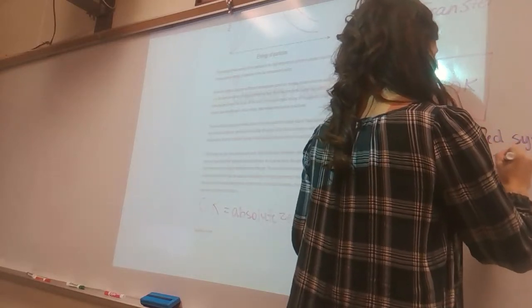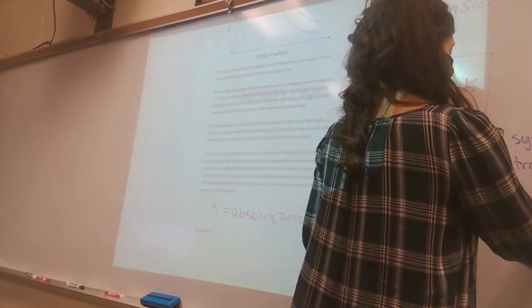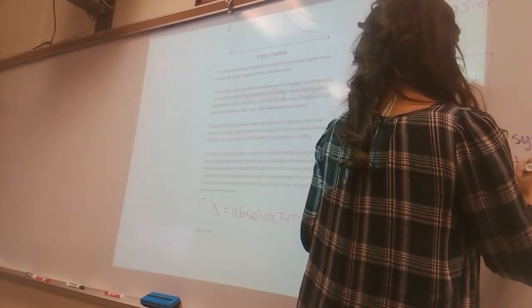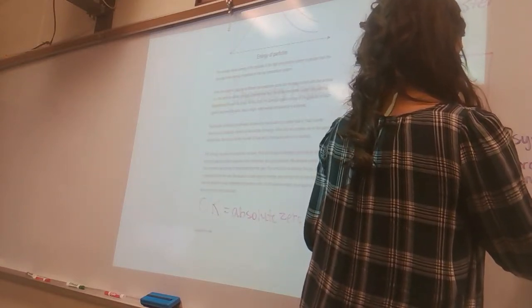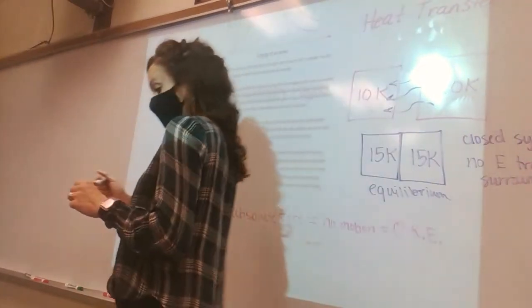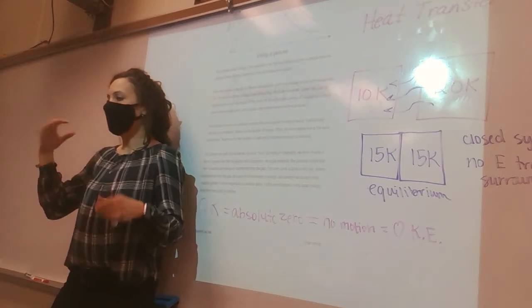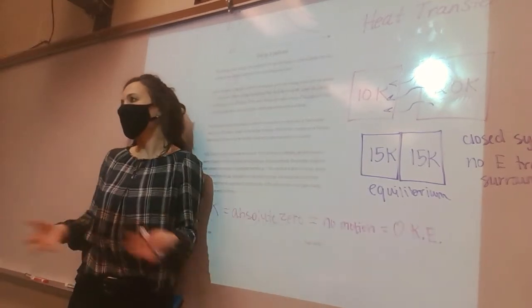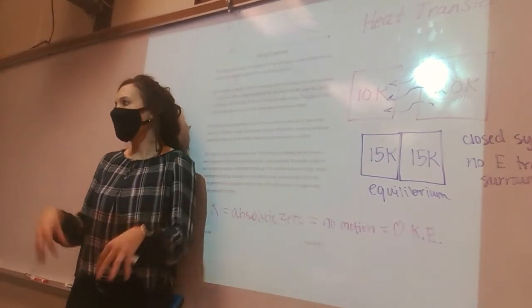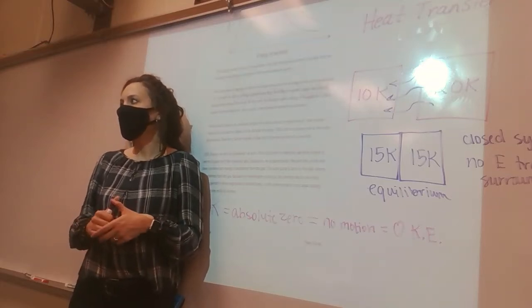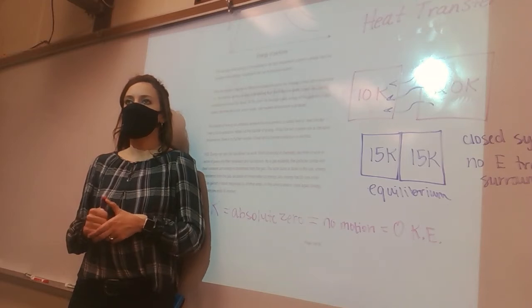No energy transfer to the surroundings. Or from the surroundings. Almost like our blocks are in a vacuum. There are no air particles around it to absorb energy or give energy. That's one. What else are we assuming?